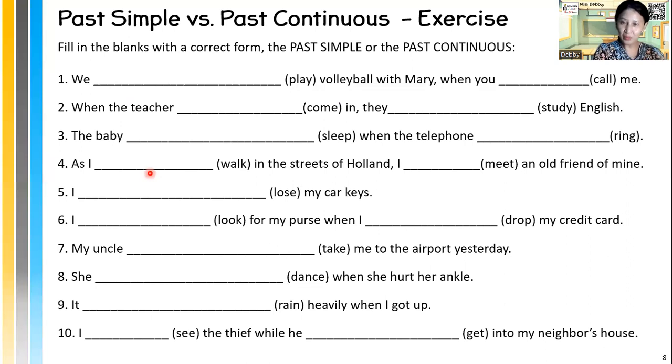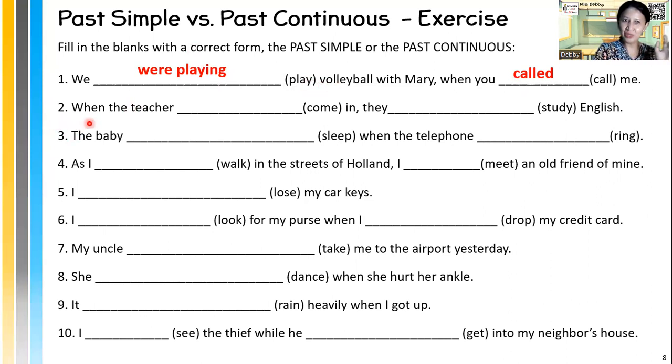The to be, was or were: we were playing football with Mary when you called, verb 2. What she did is an interruption to this ongoing past action.